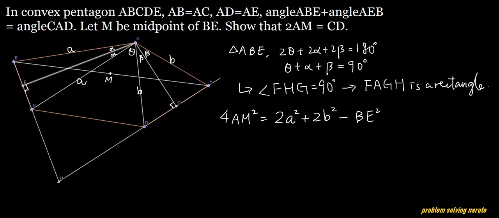And then I tried another way. If you just think about it, is there any connection between BE and CD? Well, there is, and this is one of my favorite tricks.